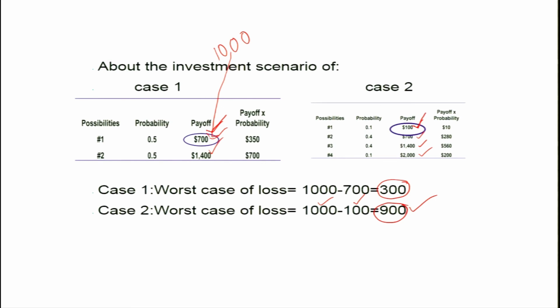For example, a pension fund has made this kind of investment, and in case 2 the worst-case loss is larger. Suppose these figures are in millions or billions of dollars, then it really matters.